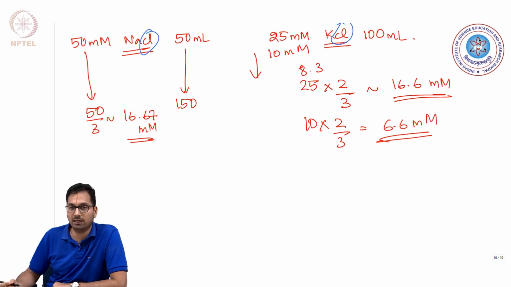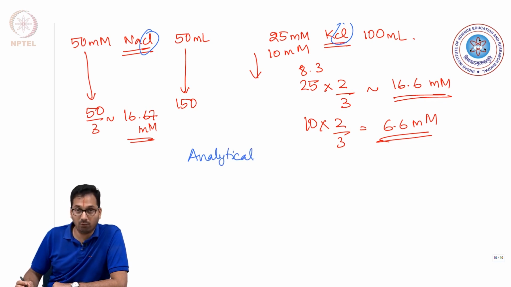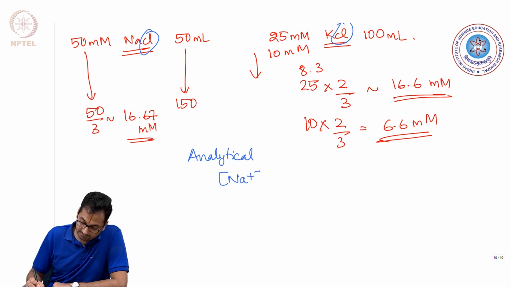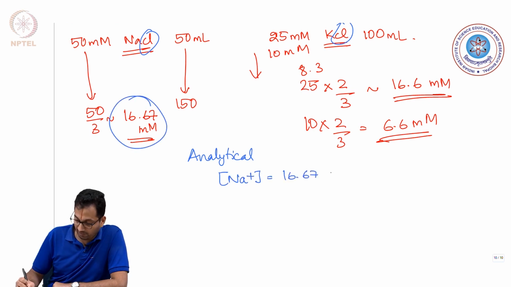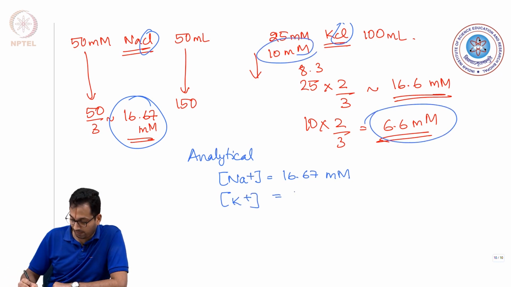So now let's quickly take a look at the analytical concentration that we are dealing with here. In this case, after this dilution, you are going to have Na plus at a concentration of 16.67 millimolar, and K plus, let us say you started with 10 millimolar, you are going to end up at 6.67 millimolar.